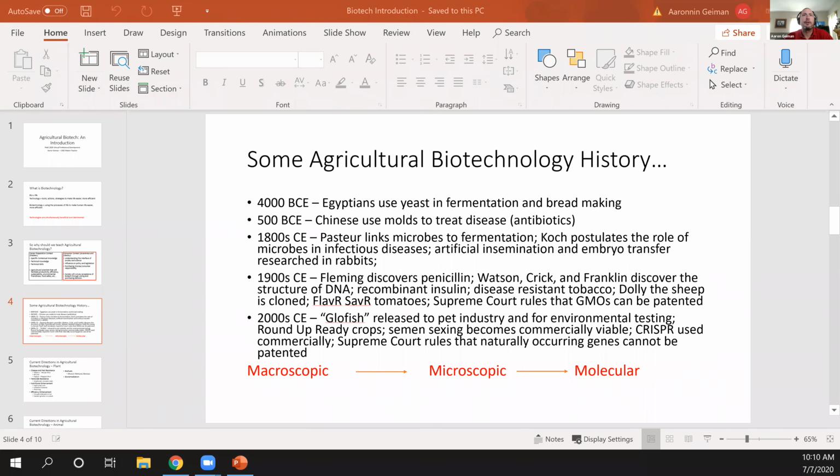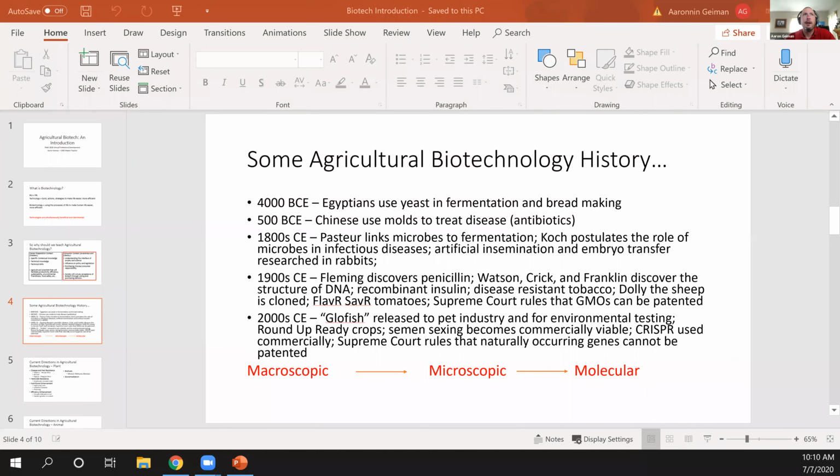Then the Supreme Court comes back and rules that genes that occur naturally cannot be patented. So if I take a gene from one crop and put it into another without actually altering the gene other than just simply moving it, I can't really patent that and financially protect myself.